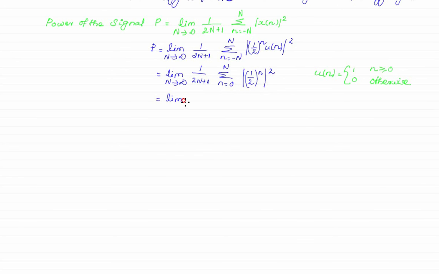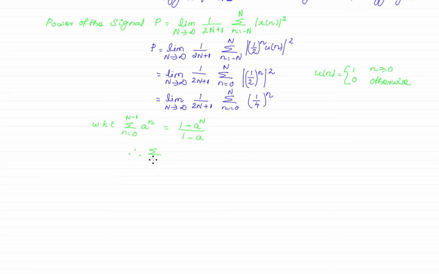In this step, the summation n equal to 0 to n modulus of (1/2)^n the whole square is rewritten as summation n equal to 0 to n of 1 by 4 power n. We know the series expansion: summation n equal to 0 to n minus 1 of a power n is equal to (1 minus a power n) divided by (1 minus a).